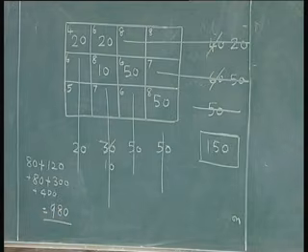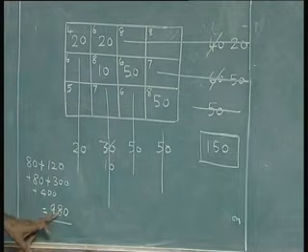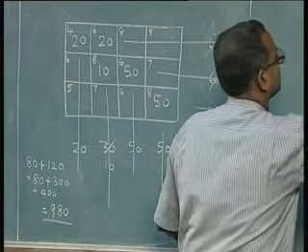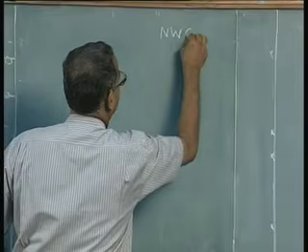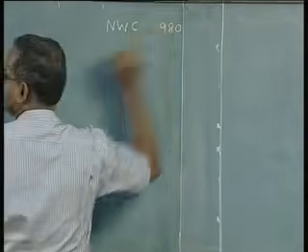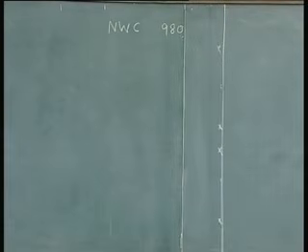So we have a starting solution using the northwest corner rule, which has an objective function value of 980. So we will just note it down here, northwest corner rule has objective function value of 980, and that is shown in this example.